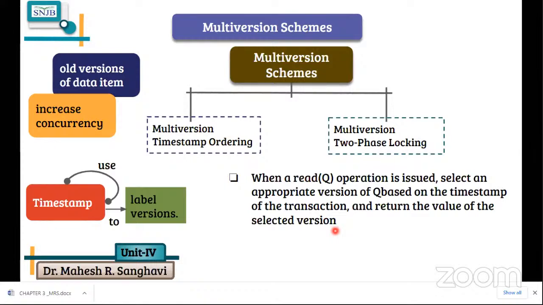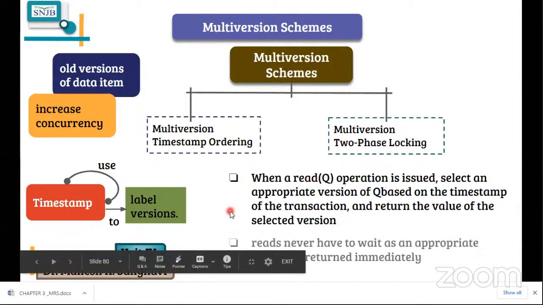Now, this cache coherency means that suppose two transactions are updating the same value at a time. In that case, there may be a challenge: which is the most updated value? So to sort that out, we need to focus on timestamp. If the timestamp of the value is greater, we can consider that value as a newer value, or as one of the recent versions of that particular value.